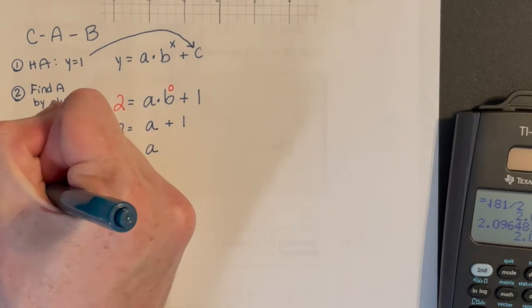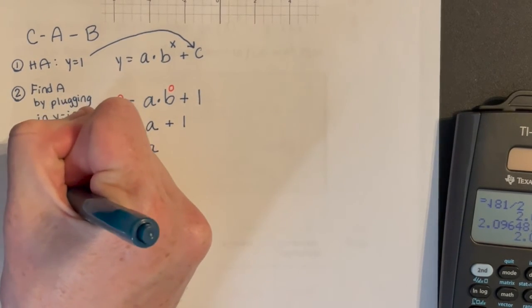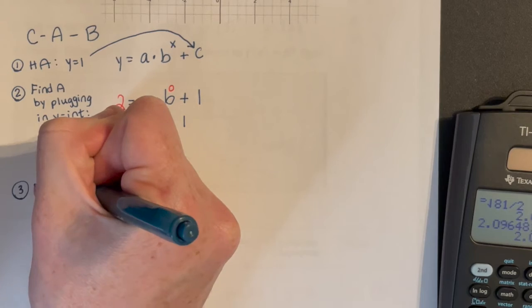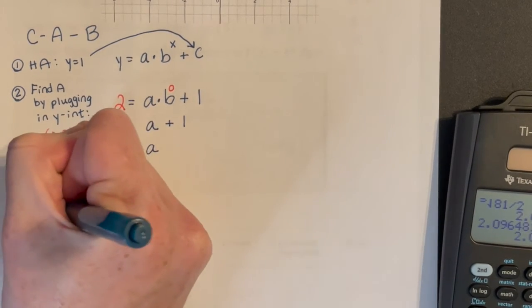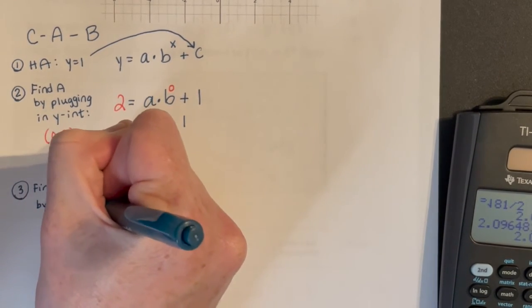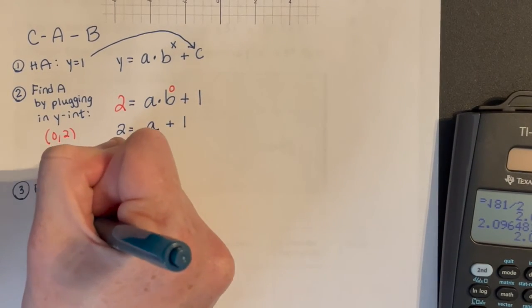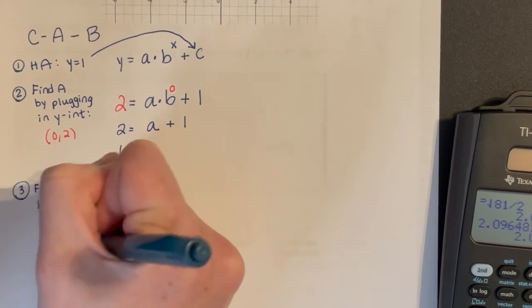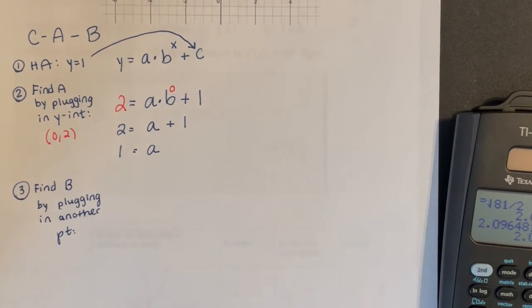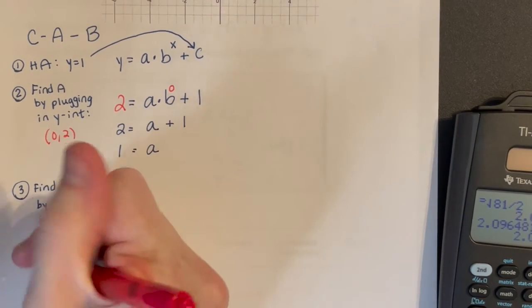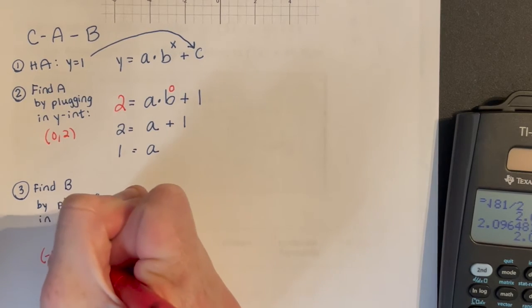The last thing we need is to find b. We do that by plugging in another point. Our other point is negative 3, 4.5.